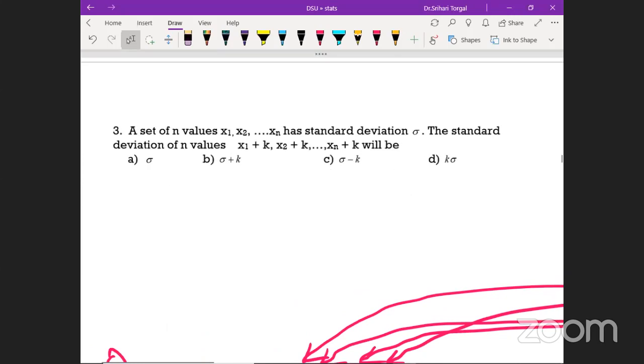Those who want to answer can raise their hand, I can interact with them. What is the answer for question number 3? Many of them are telling that option A is the answer.